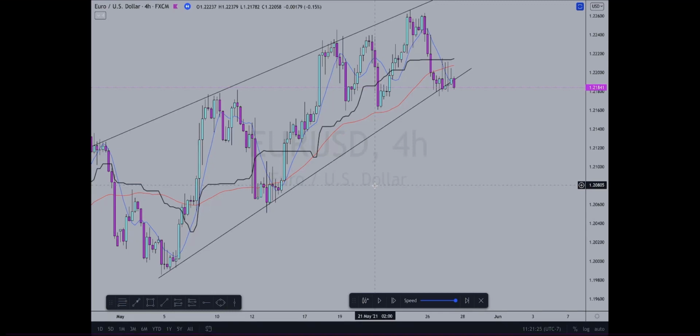So with that being said, we have touches here, and touches here. We have touches here, and touches here. This is a channel, and you would have known that this was a channel just right at this point, because price has already touched a couple times here, and then a couple times here. This is now a valid channel just because of the touches in multiple spots.